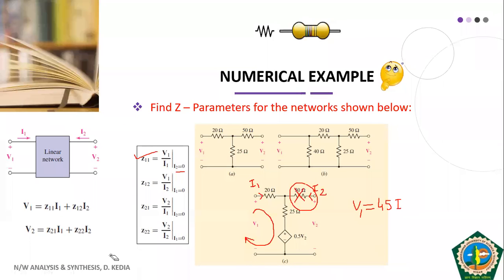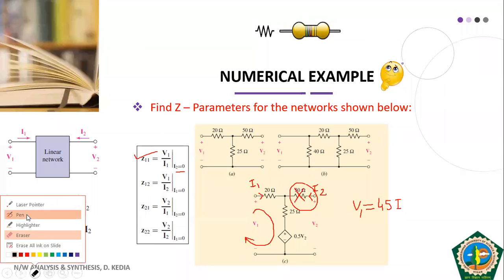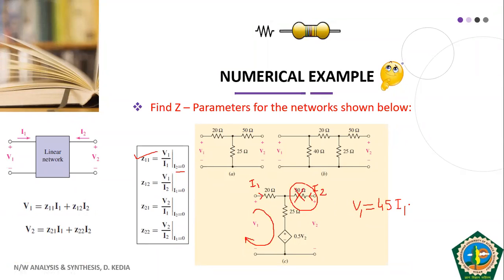So 45 into I1 plus, this is dependent voltage source, but it is a voltage source, so obviously we'll have to write its value. Its value is 0.5 V2. So we'll write 0.5 V2.